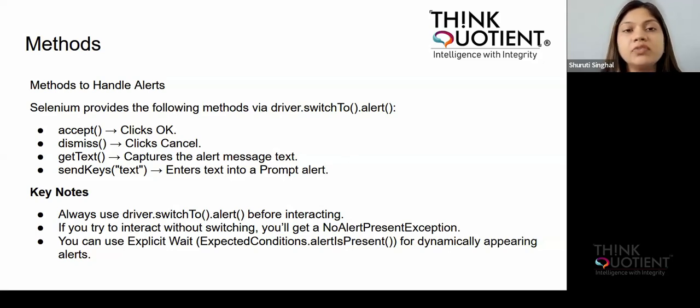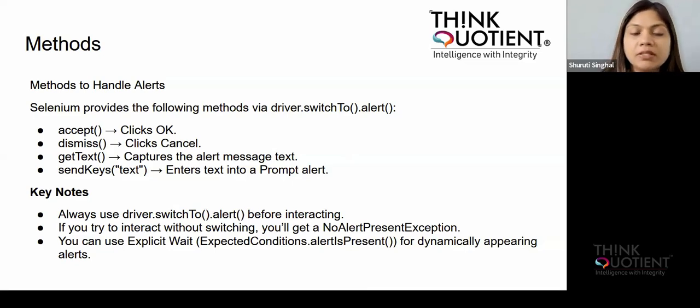Selenium provides various methods to click on OK, Cancel, or handle the text. If you want to click on OK, the method is accept. Then we have the dismiss method to click on Cancel. If you want to capture the text present in the alert box, we have the getText method. And when you want to enter certain text in a prompt alert, we have the sendKeys method. So these are the four methods present in the Alert interface.